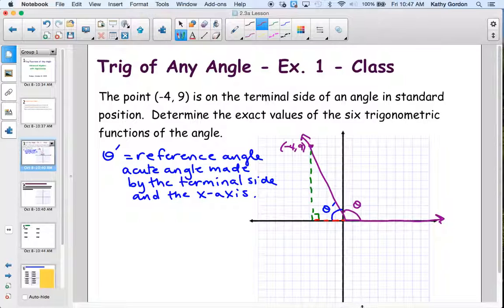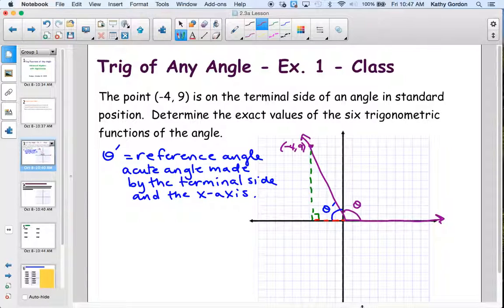Okay, but before I start using SOHCAHTOA, I'm going to have to actually get some info on this triangle, right? So Pythagorean theorem might come into play. So in order to use SOHCAHTOA, what do I have to know? The lengths, the sides, right?